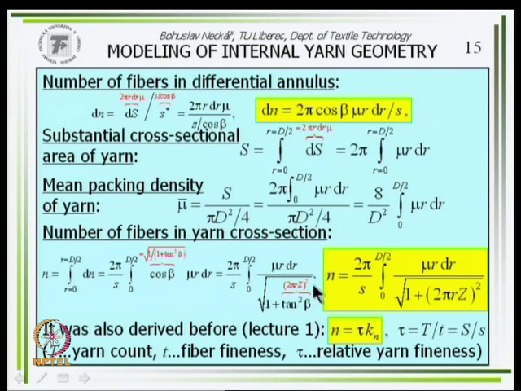But it was also derived in our lecture 1, the starting lecture on structure, that the number of fibers is tau times Kn, where tau, the relative yarn fineness, is the ratio of yarn count, for example in tex, linear density, by fiber linear density, fiber fineness. Yarn fineness by fiber fineness. Okay.